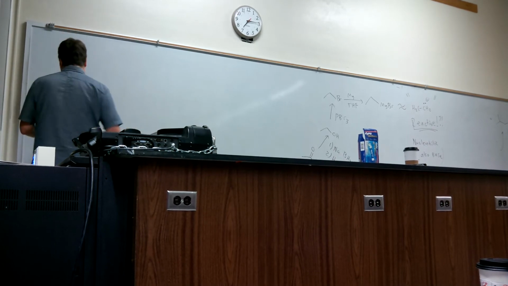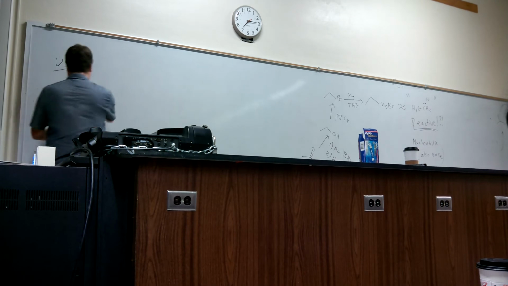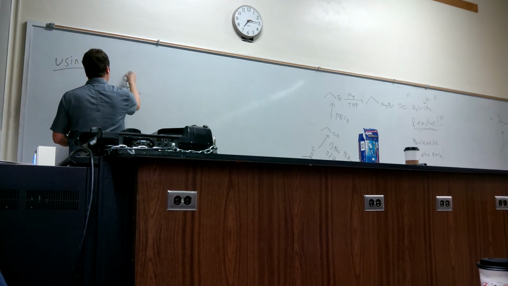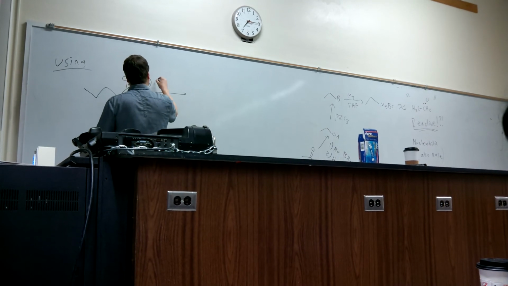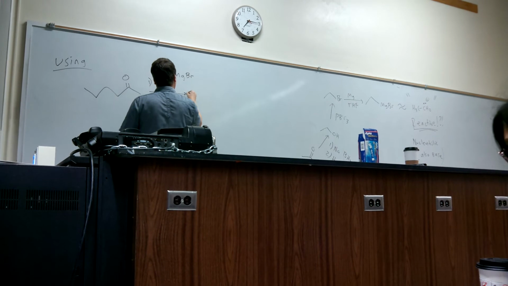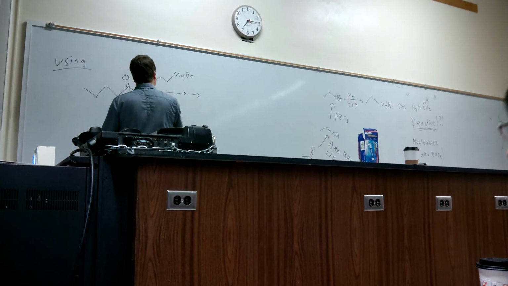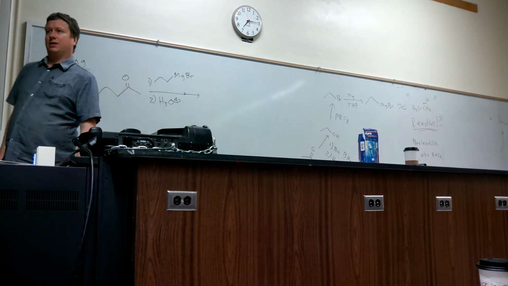All right, so using a Grignard, you know how to make them? Let's use them now. Propyl Grignard, and you do H3O+ as second step.